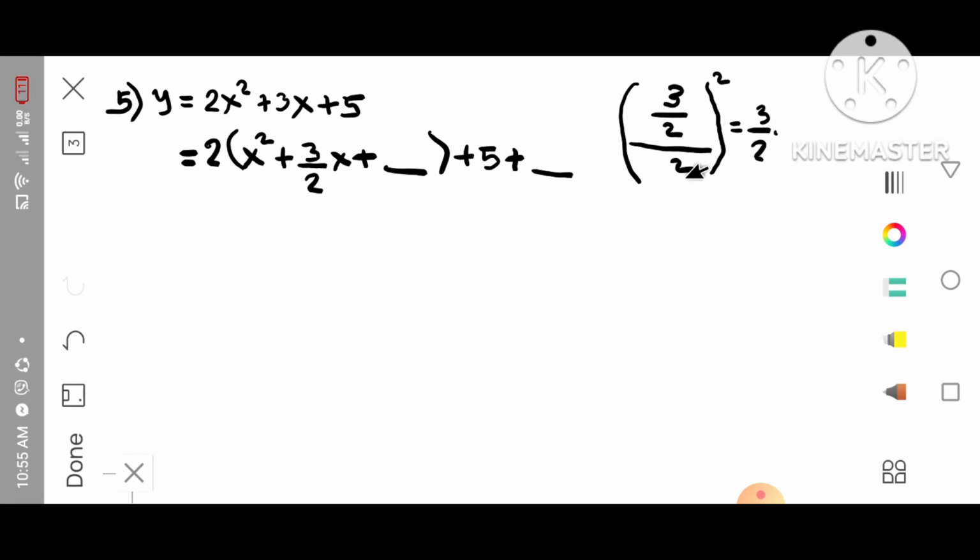We multiply the numerator, which is 3 over 2, by the reciprocal of the denominator, which is 2. Reciprocal of 2 is 1 half. And then we square the product, no? The product is equal to 3 over 4. And then we square the resulting fraction, okay? So that is equal to 9 over 16.